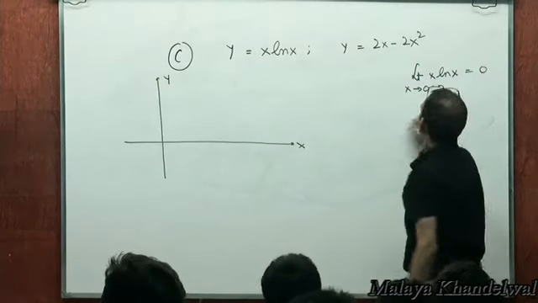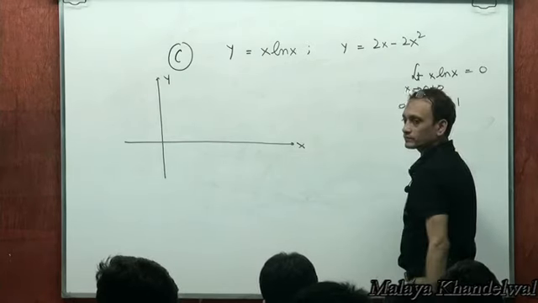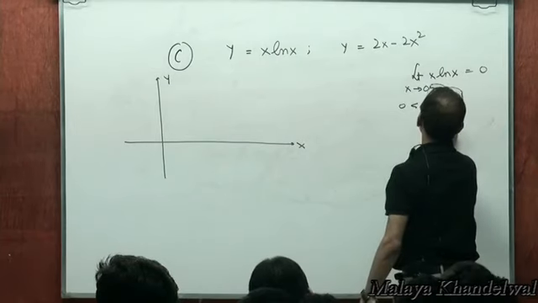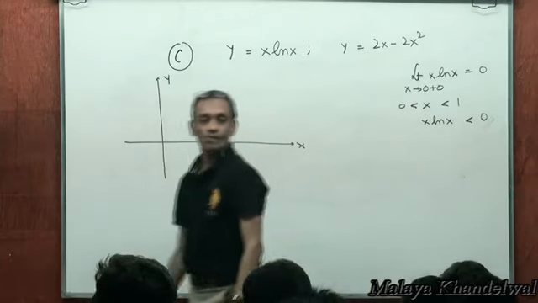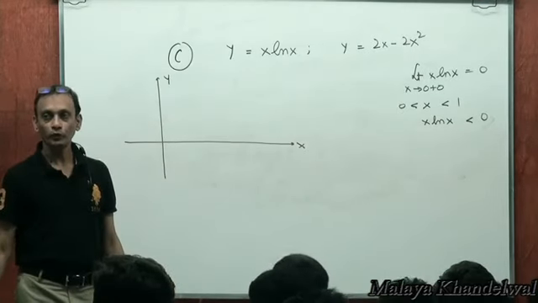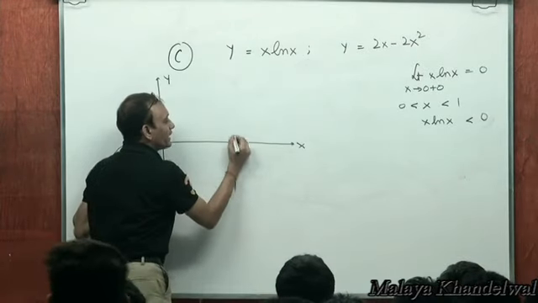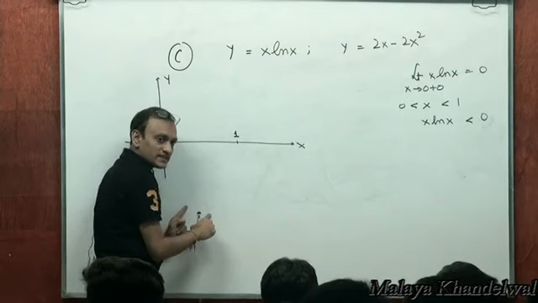For x greater than 0 and less than 1, ln x would be negative. So x ln x is negative. That means to the left of 1 and to the right of 0, the graph of x ln x will be below the x axis.